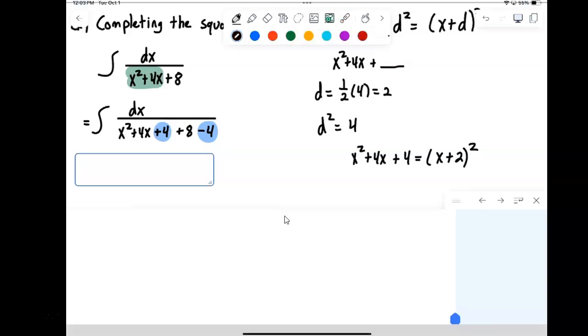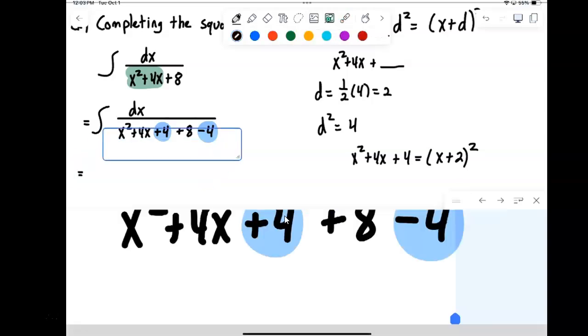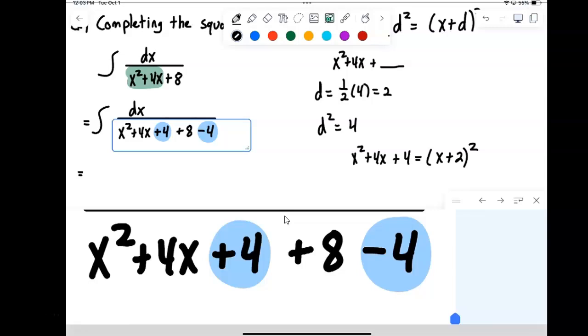The key is that if we add something inside here, we also subtract it, so we haven't changed anything. This is very much like our multiplying by 1 stuff that we do very often, but here we're adding 0.